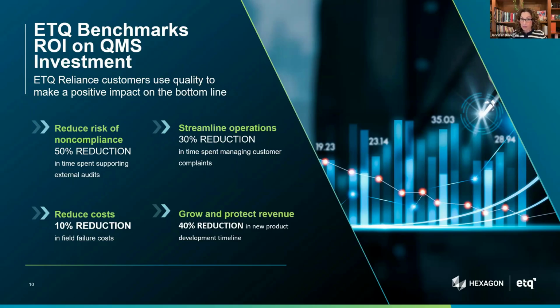And that's a big number and a big reason why more teams are making the move to an EQMS. So the other points you see highlighted here are other ROI drivers that our customers shared with us. And this is showing real world results that they received using a quality management system.